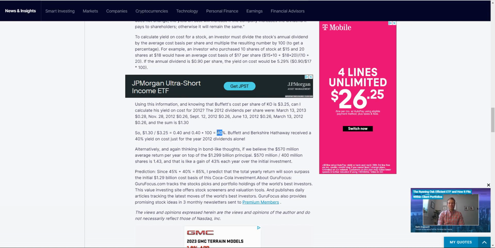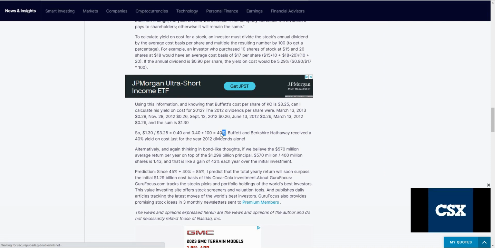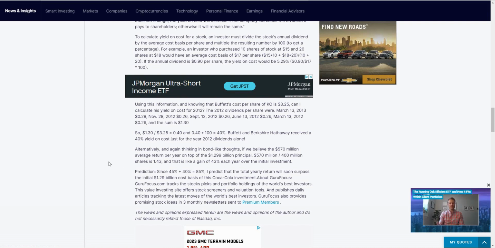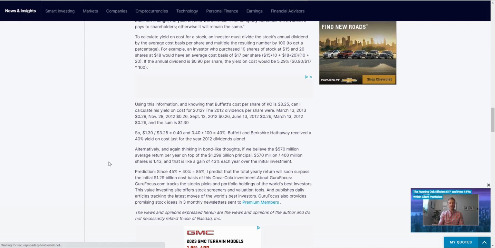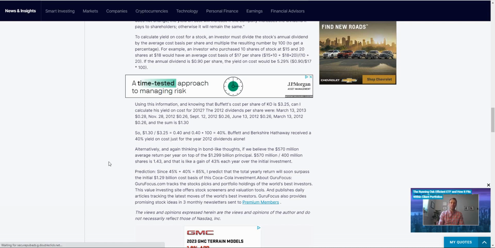So it's incredible that Warren Buffett, on his Coca-Cola investment, which is probably one of the greatest stocks, Coca-Cola is bought everywhere, it's nearly in every country, it's returning him just on his cash in dividends 40%. That's not even including capital appreciation. So imagine buying a house for $100,000 and then getting $40,000 every single year in rent alone.